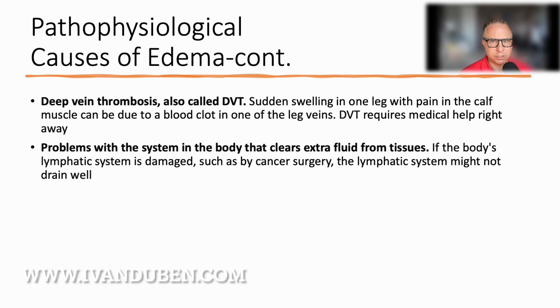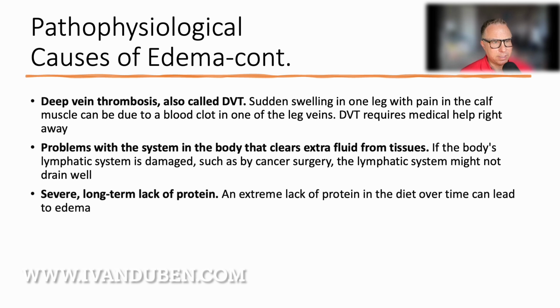When you start to get alterations in tone in either the heart, the liver, or the kidneys, or in some cases the small intestine and its ability to properly absorb and transport blood via the portal vein back to the liver, you can see why edema can collect in various aspects of the body and can be a strong indicator that an individual is in allostatic load. In addition, there's a severe long-term lack of protein. An extreme lack of protein in the diet over time can also lead to edema.